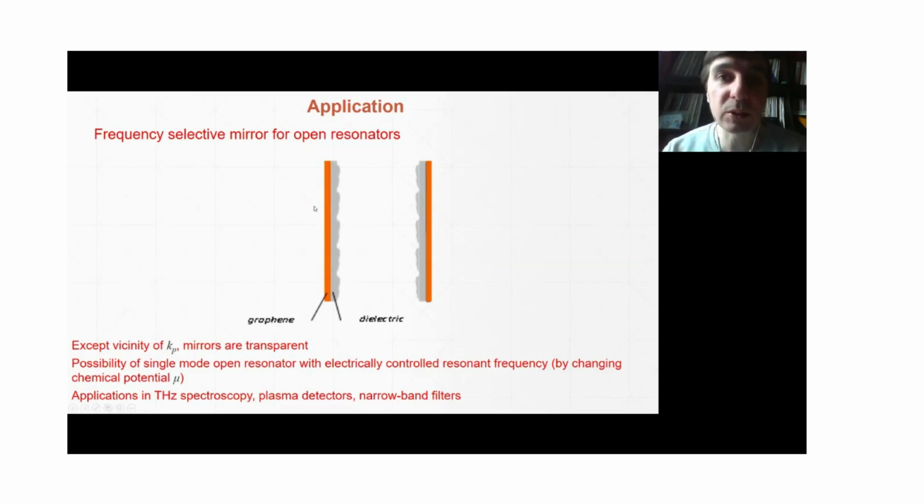It could find its use in terahertz spectroscopy, plasma detectors, and so on.